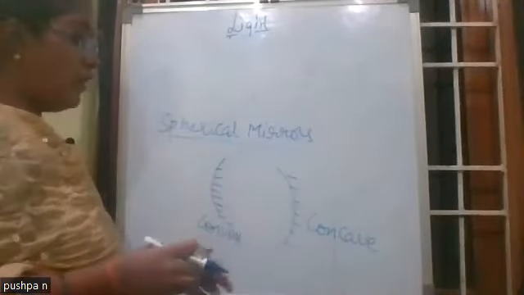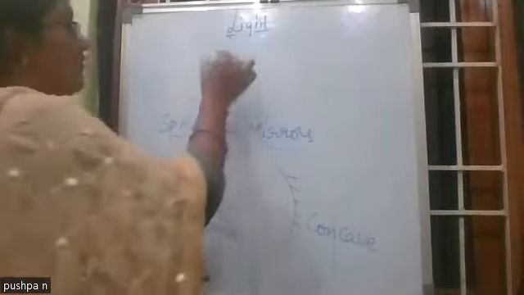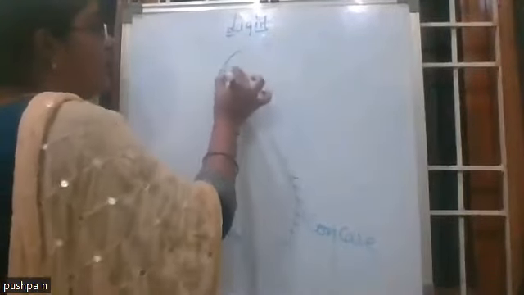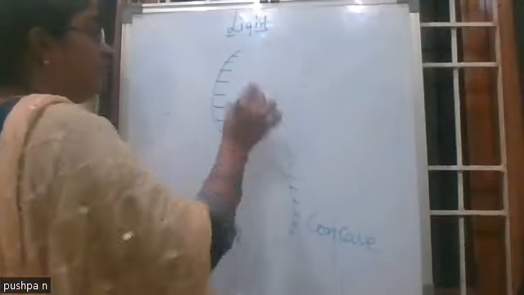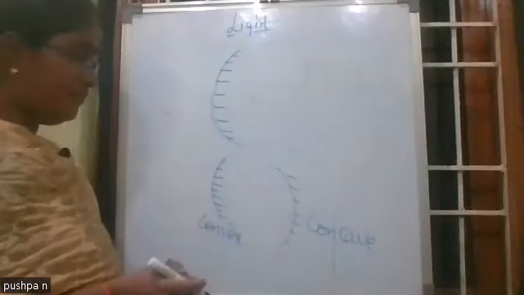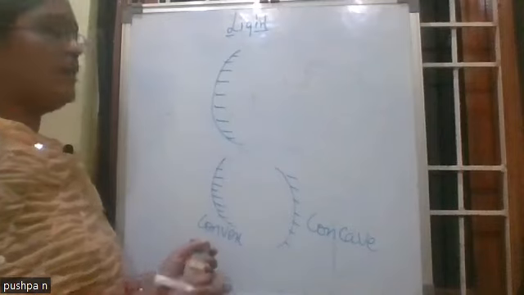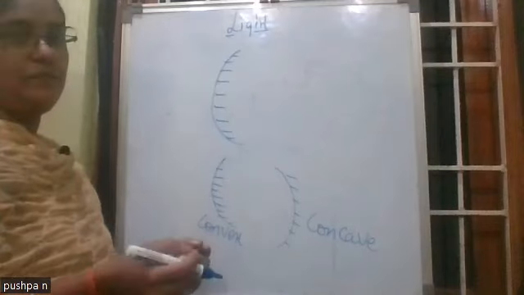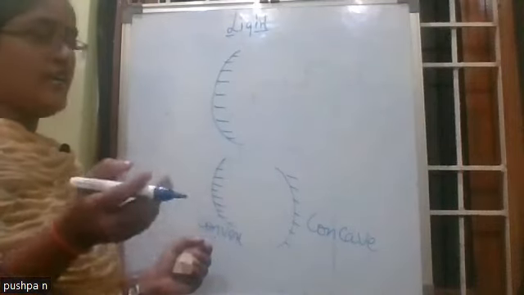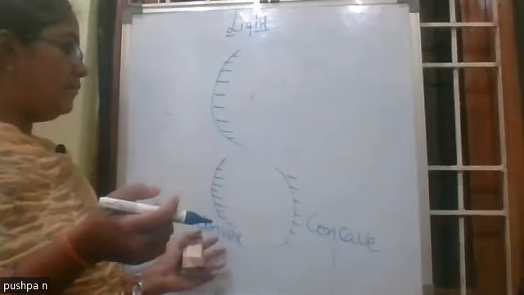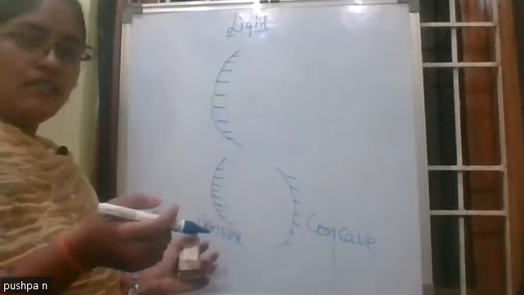Here, coming to convex and concave, where are convex lenses used? The convex lens is used in the rear view mirrors, like the side mirrors for vehicles, and we also observe them in ambulance vehicles.